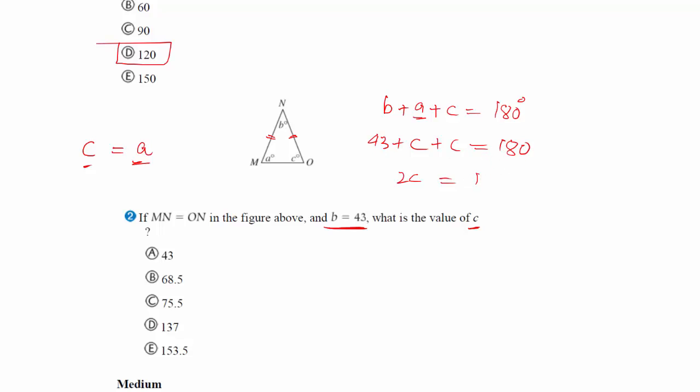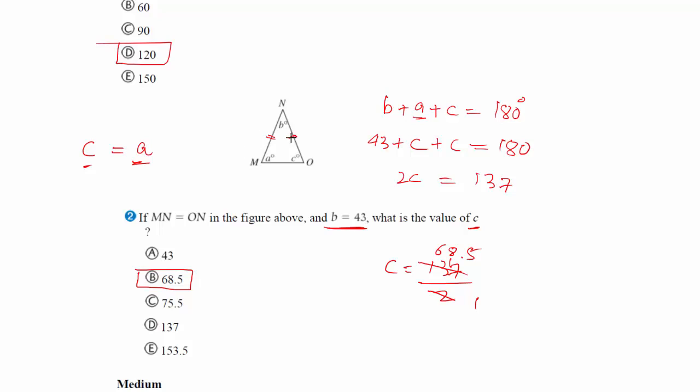That'll be 137. Dividing by 2 on both sides, you get C equals 137 divided by 2, which is 68.5. So that is option B. This is the right answer.